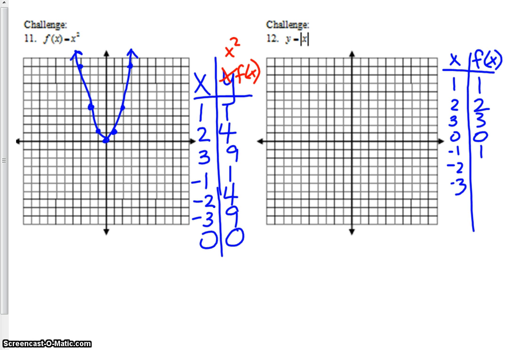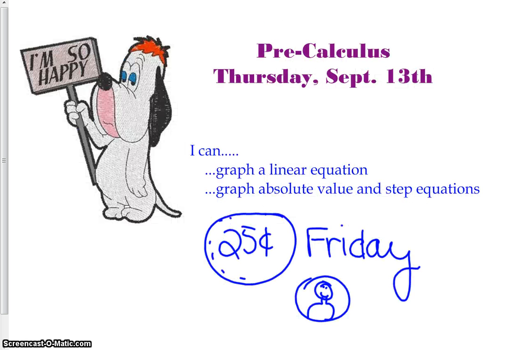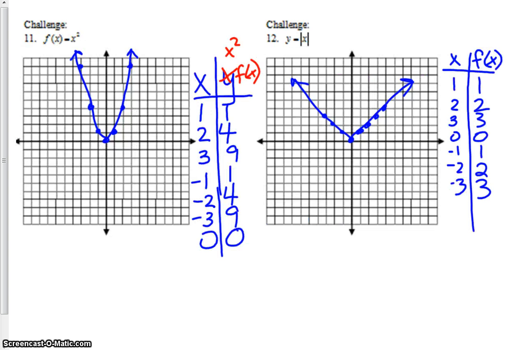Absolute value of -1 is +1, -2 is +2, -3 is +3. A lot of you could just do this on the graph. So this is what the graph of an absolute value looks like. Absolute value of x is our V. X squared is our curve, and that's going to help us in the next few things that we do.